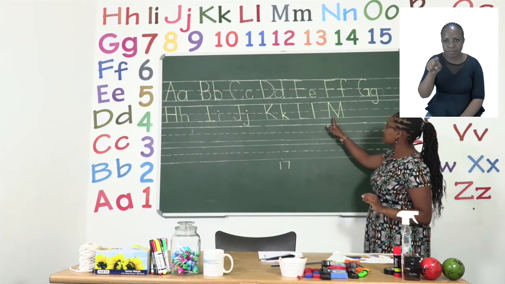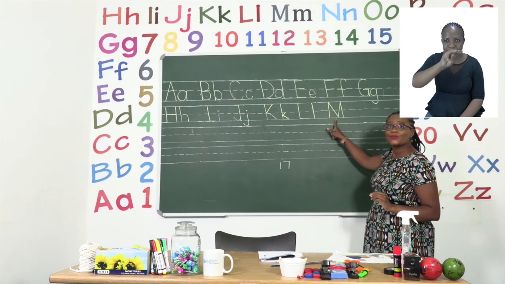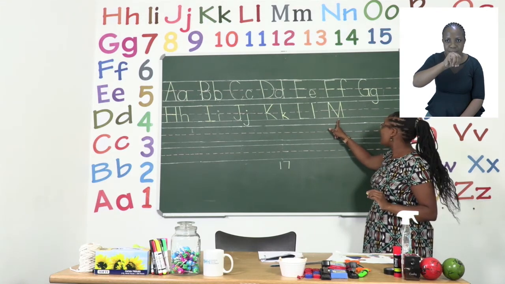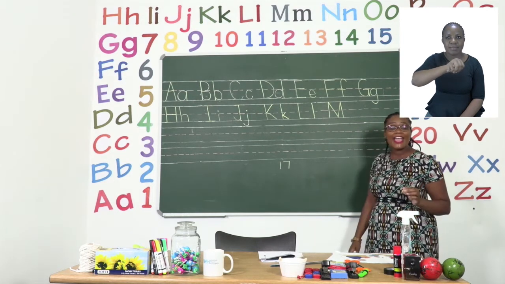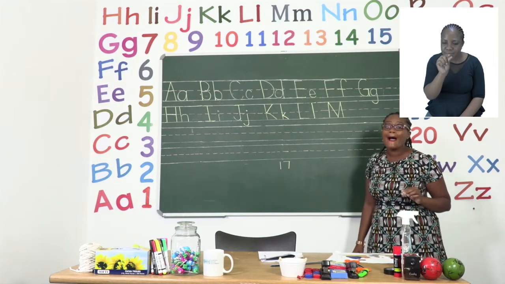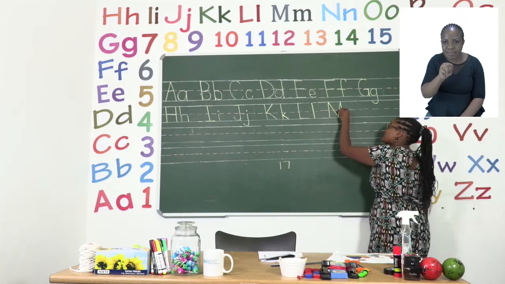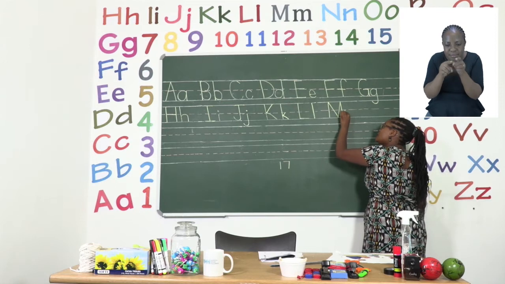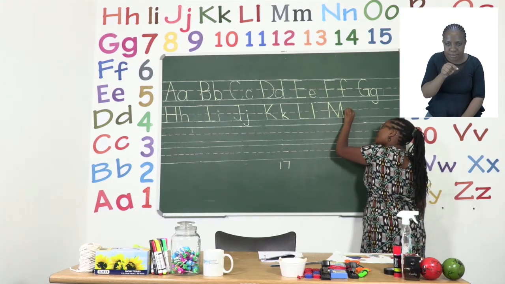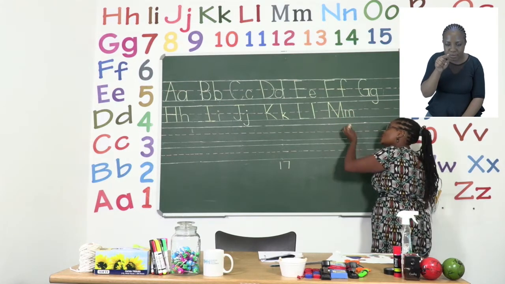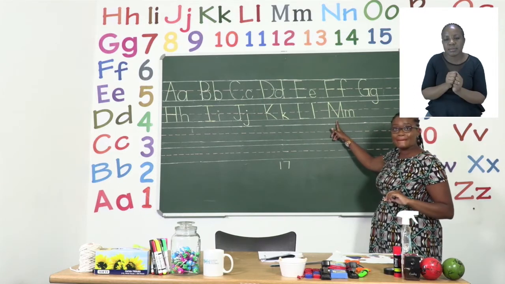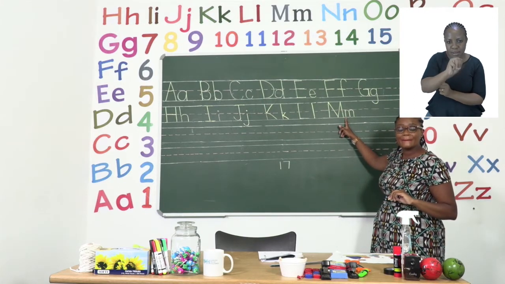So these are 3 legs. 1, 2, 3. And then small letter M, also known as M, has the same. It goes down and round and round. So this is our capital letter M and small letter M.